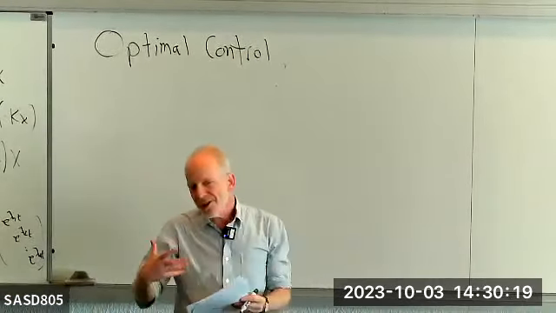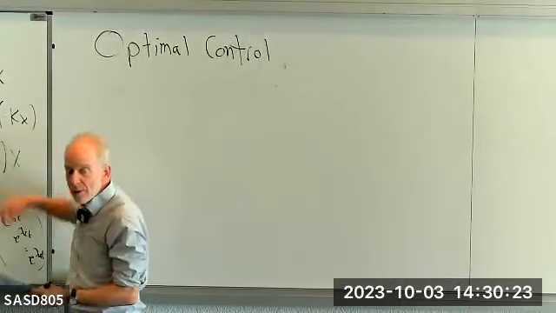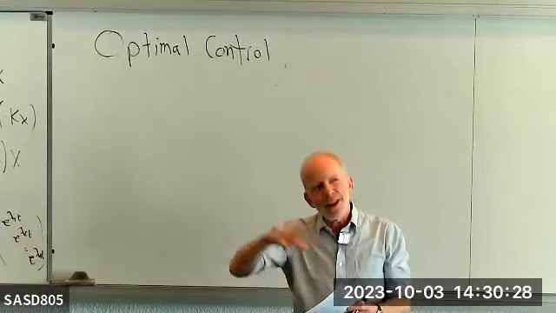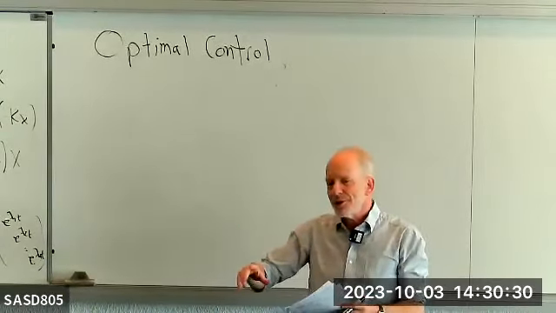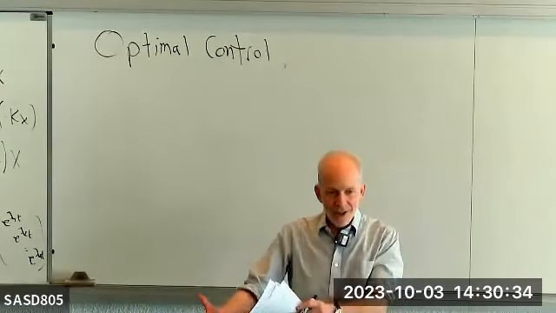This will give us a systematic way of, for example, choosing these elements or constructing a control. I should say before I get started that there are all sorts of heuristic ways one could try that are not as systematic.